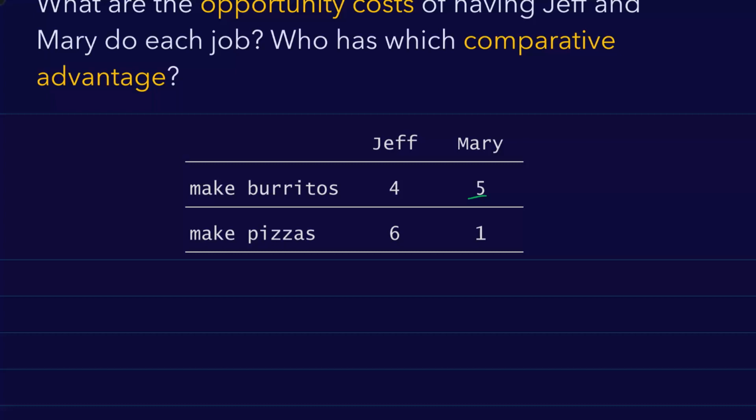So for Jeff, 4 burritos costs us 6 pizzas. Or if we reduce that, 1 burrito is equal to 1.5 pizzas. Okay, so that's the opportunity cost of having Jeff make a burrito. 1.5 pizzas. That's what we give up.